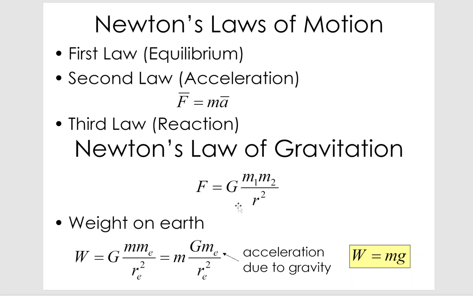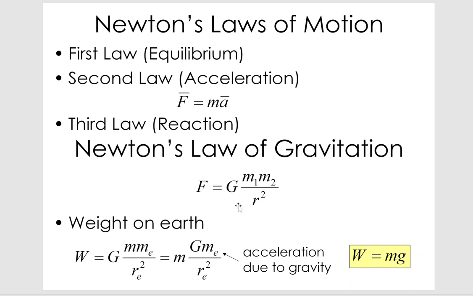The thing is, on Earth, there's this one mass that kind of dominates everything, and that is the mass of the Earth. So if I have an object, even though I might have two objects close to one another, yes, there's a gravitational force between them. However, neither of them are as big as that gravitational force with the Earth itself.